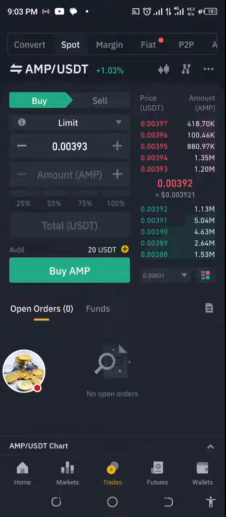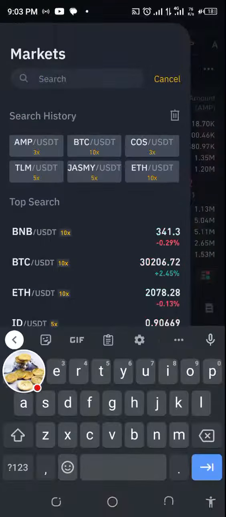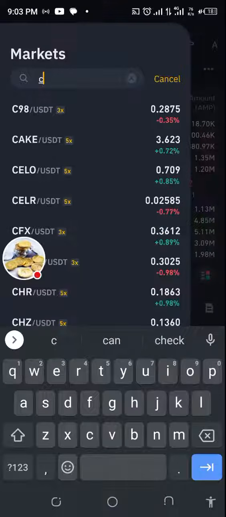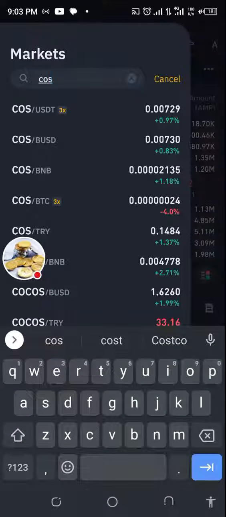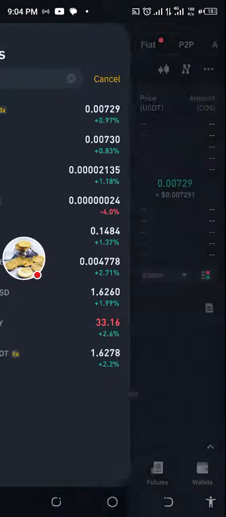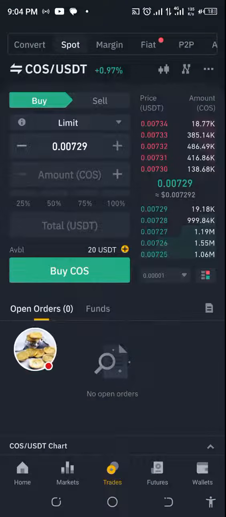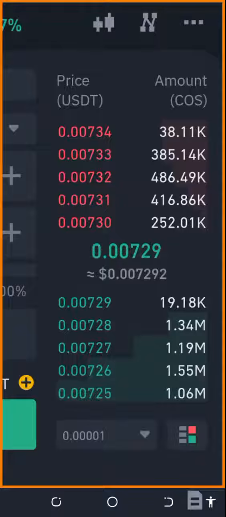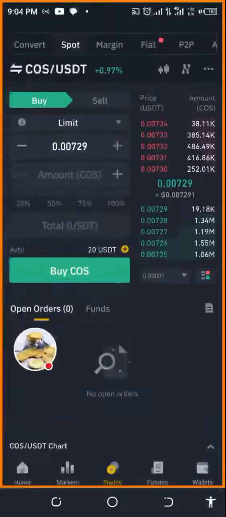We just have to find something else. Okay, so let me find out which other one we can use. Let's check out COS. I think I saw that COS was building up, right? Let's just check. The reason why, personally, I don't like COS is because it's actually saturated, and then there's not much liquidity. Okay, look at it now. Just look at COS USDT.